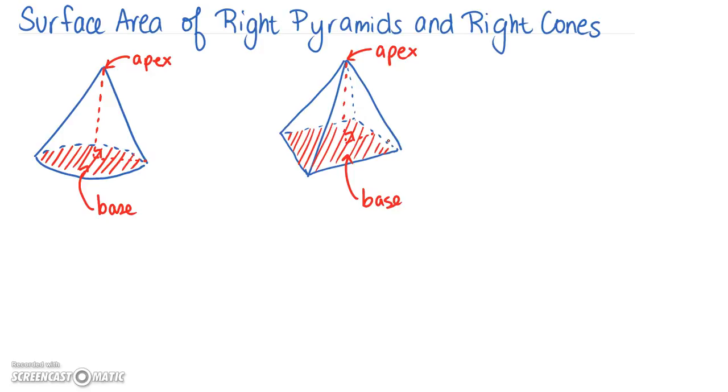Now, there is also some terminology here that we need to refer to. This here is your slant length. Same thing here. I go down this face so I can create a little right angle triangle in here. This distance here is your slant height. And same thing here.